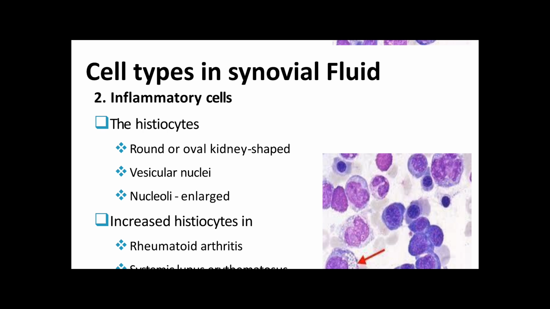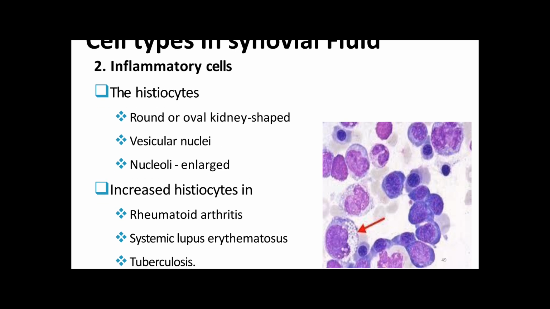Now we will go through the inflammatory cells one by one. First one is histiocytes. Histiocytes have round or oval, kidney-shaped, vesicular nuclei. The picture is very clearly indicating the histiocytes.